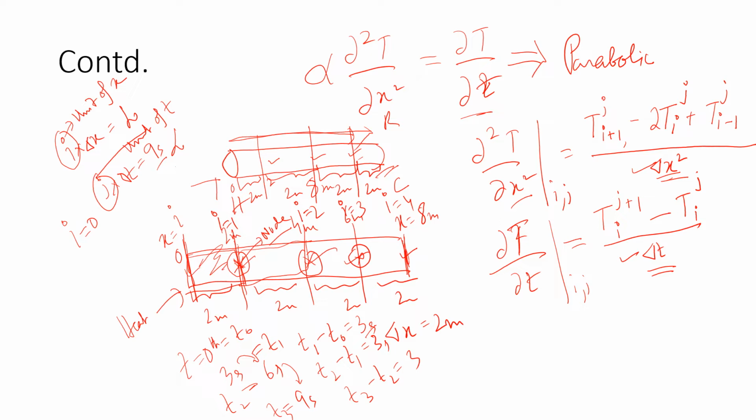If you take the initial point as 0, then your i will be equal to the number of parts you have generated by segmenting the rod. Okay, so suppose this is a rod, and if you divide this rod into 4 segments, then your i will be 0, 1, 2, 3, and 4. Your i will be 4.